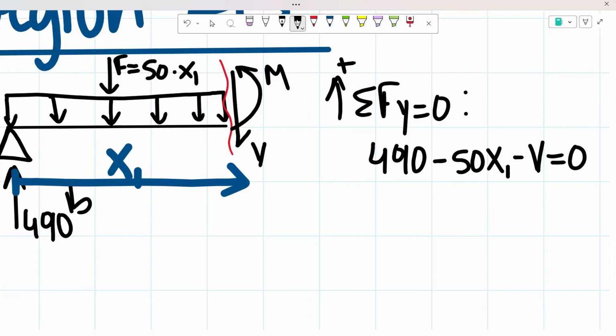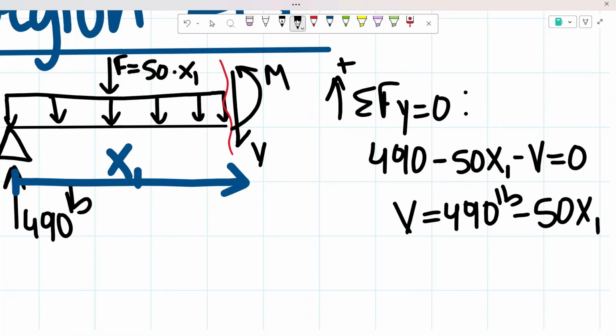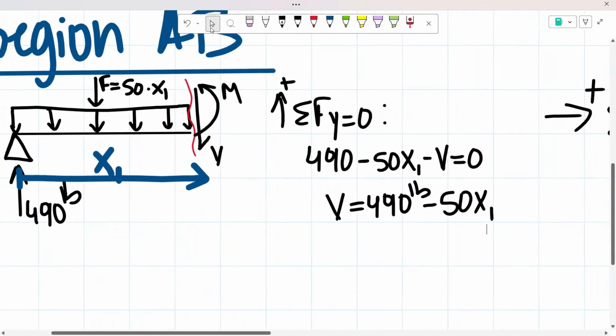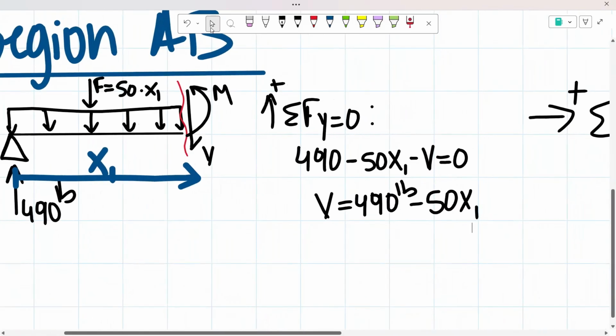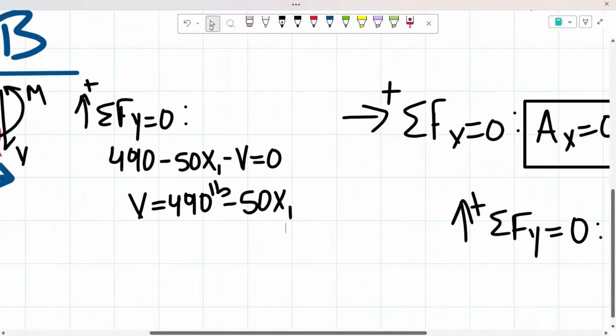So if we were to solve for this, we know that our shear force equals 490 pounds minus 50 x1. So this is our function for our shear force.